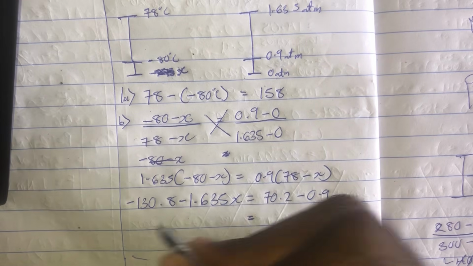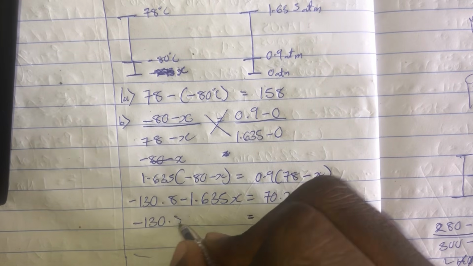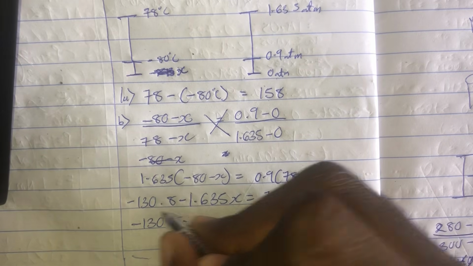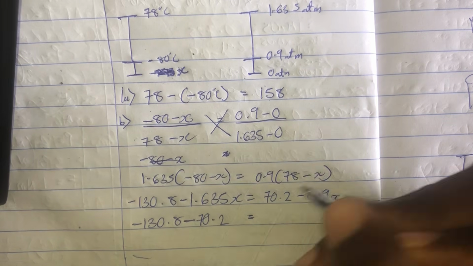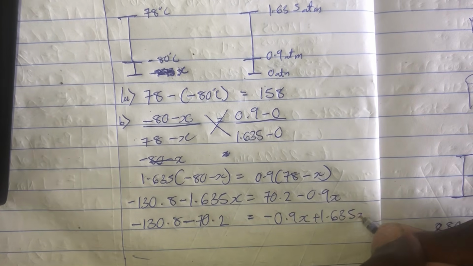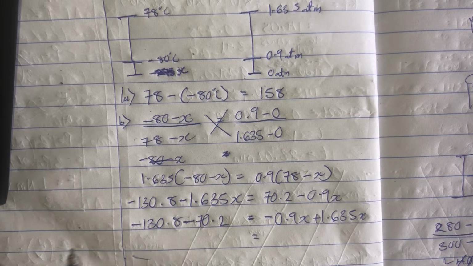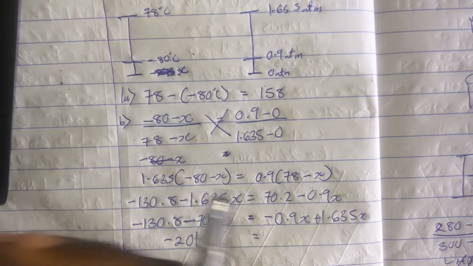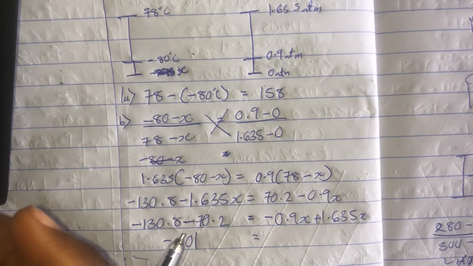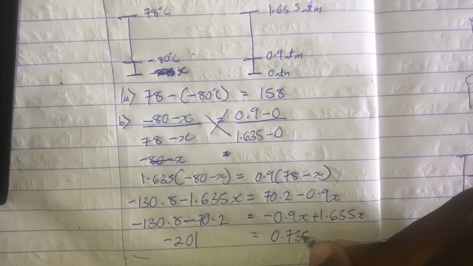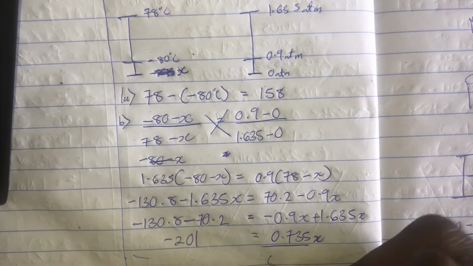Subtracting 70.2 from both sides, minus 130.8 minus 70.2 is equal to minus 0.9x plus 1.635x. So minus 130.8 minus 70.2 gives minus 201, and minus 0.9 plus 1.635 gives 0.735x. Then we divide both sides by 0.735.